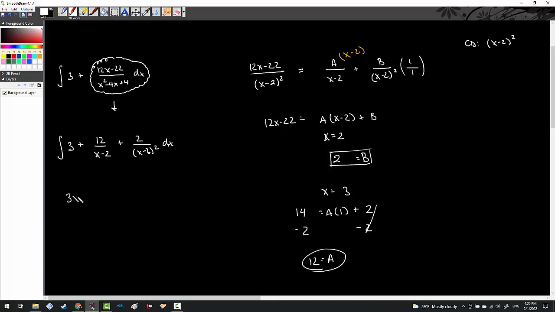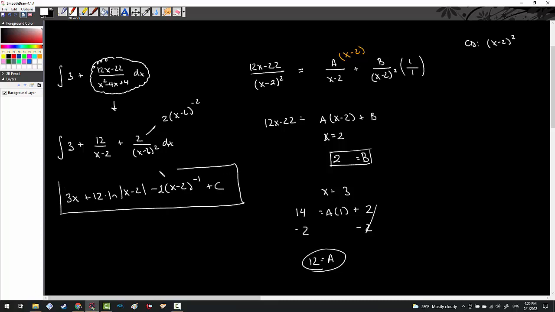So now I've got 3x plus 12 times the natural log of x minus 2. And then this is really 2 times x minus 2 to the negative 2. That's not going to become a natural log. What I end up with is minus 2 times x minus 2 to the negative 1, plus C. And that ends up being my integral for this crazy expression here.